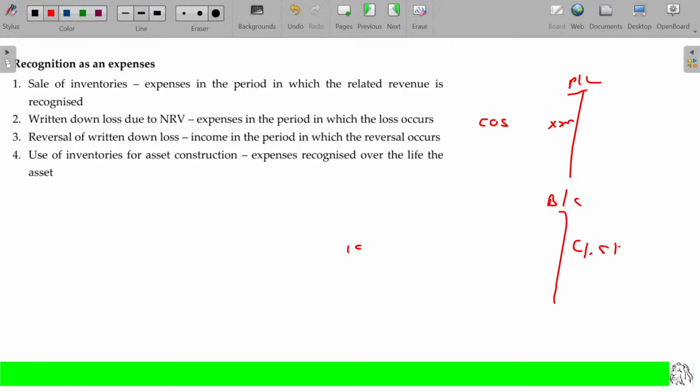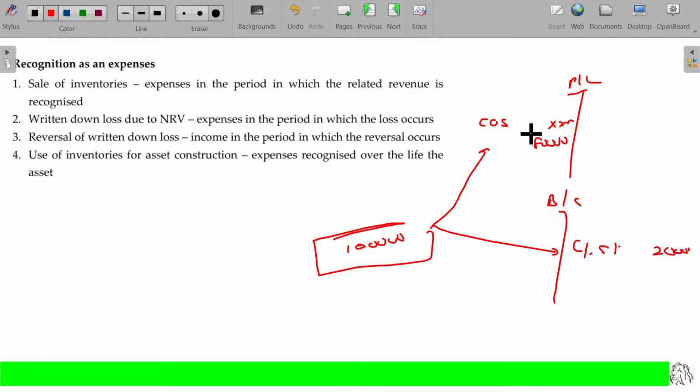So you purchased for rupees 1 lakh, out of that 80,000 rupees worth of goods sold, then it will be an expense, and 20,000 rupees worth of goods remaining unsold will be the closing stock. So out of those purchases, how much will be considered as your expense? Up to the sale of inventories, in the period in which the related revenue is recognized. If this is saleable in the next year, this 20,000 becomes an expense in the next year. Is that clear?